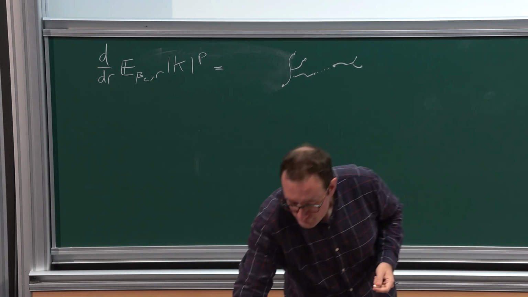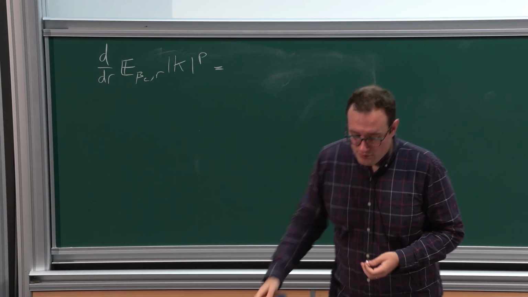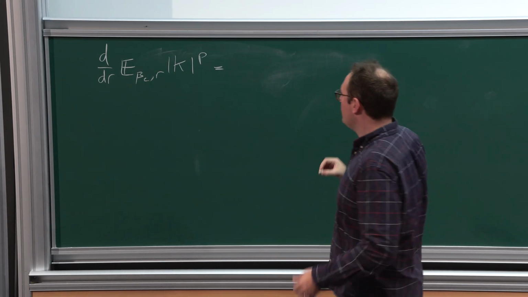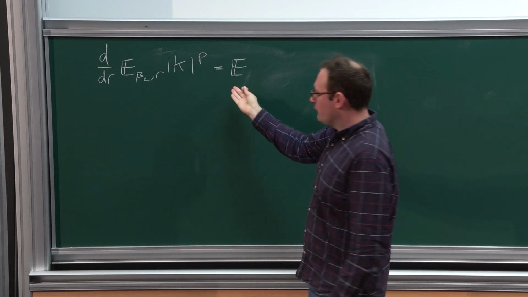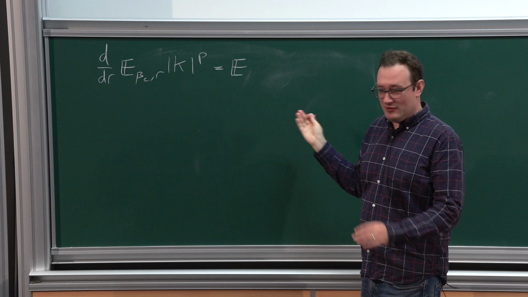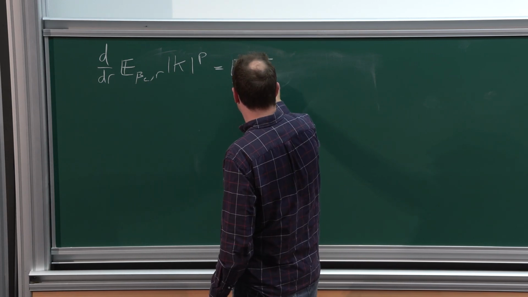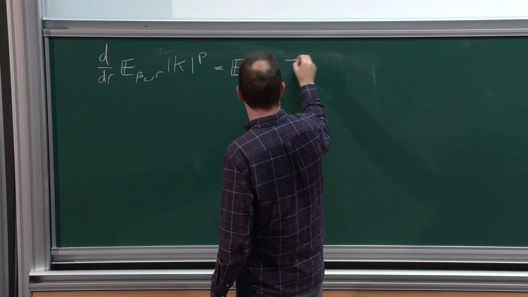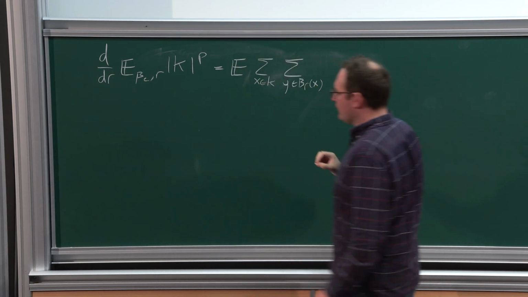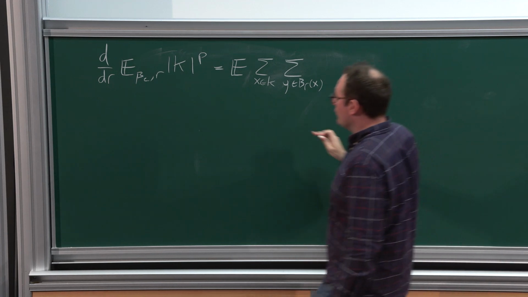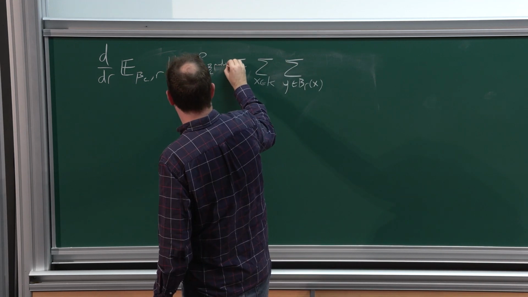Okay, so if I just write down formally what's going on, I'll not write the subscripts on the expectations when they're just the obvious ones. I have to sum over points x in the cluster and points y in the ball of radius r around that point. Oh, and sorry, there should be this beta c r to the minus d minus alpha minus 1 term.